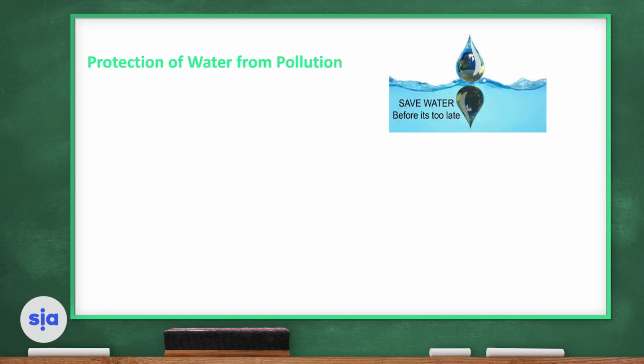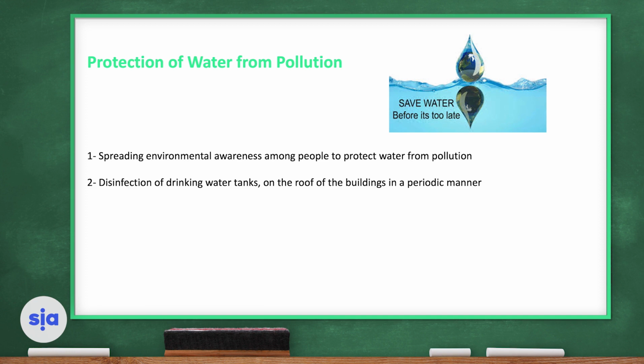How can we protect water from pollution? We have to save water before it's too late. Spreading environmental awareness: we have to talk to people about water pollution, causes of water pollution, and how to protect water. We have to disinfect drinking water tanks on the roof of the buildings in a periodic manner.